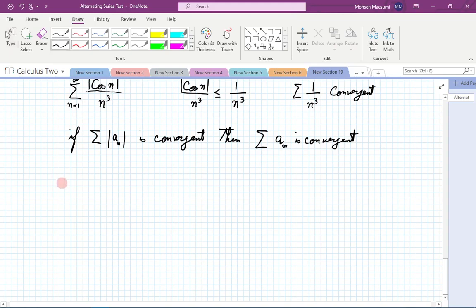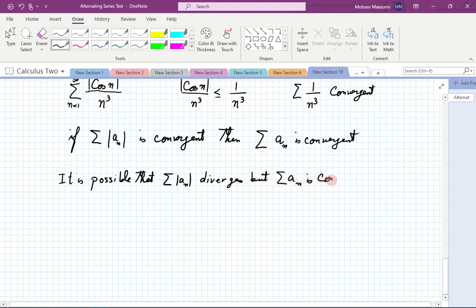It is possible, if such a thing happens, that the sum of the absolute values diverges but the sum of the numbers themselves converges.